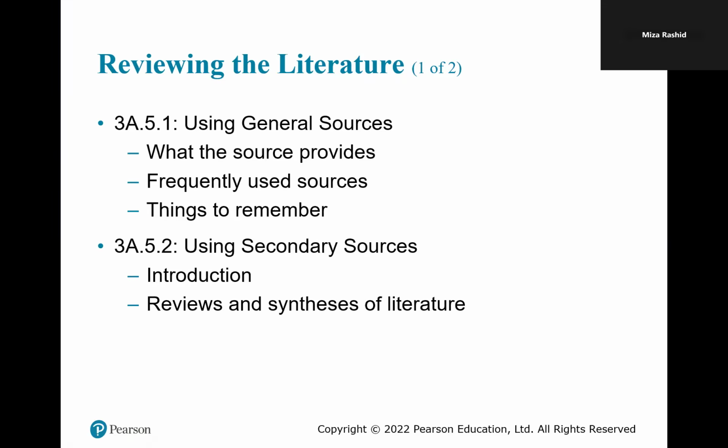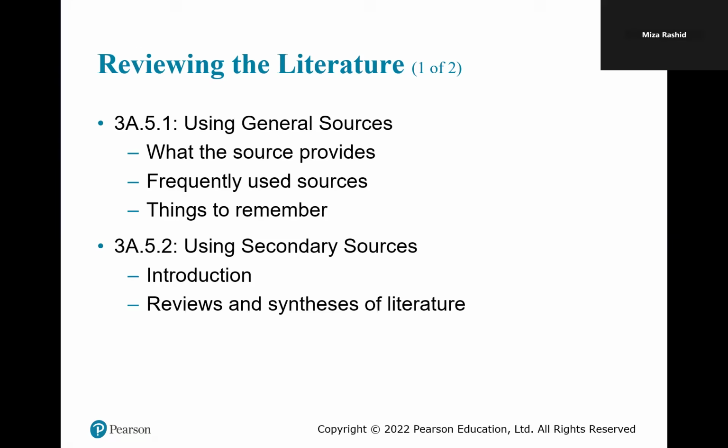Unlike primary sources, for secondary sources, the person who has written the journal provides their own interpretation, and secondary sources use the interpretation instead of the original data itself. Therefore, secondary sources are reviews and syntheses of literature.